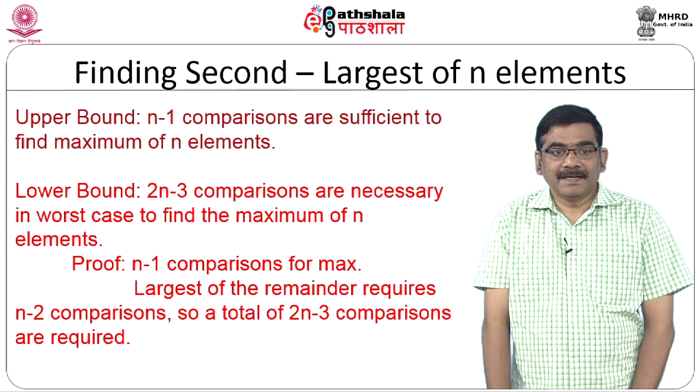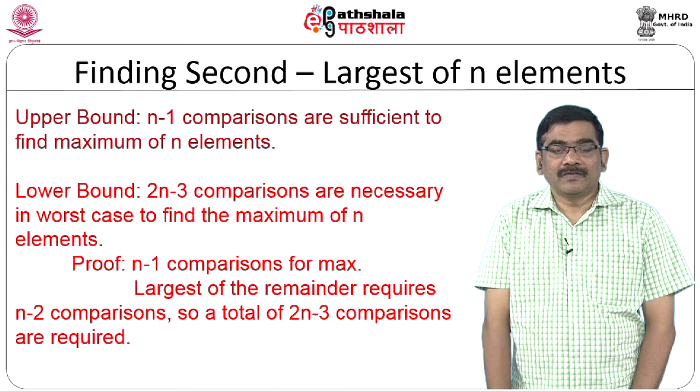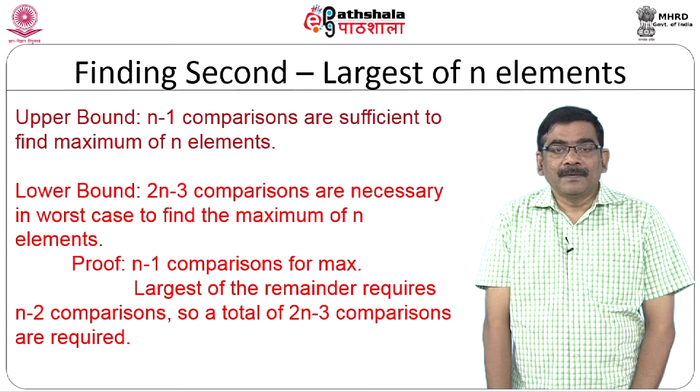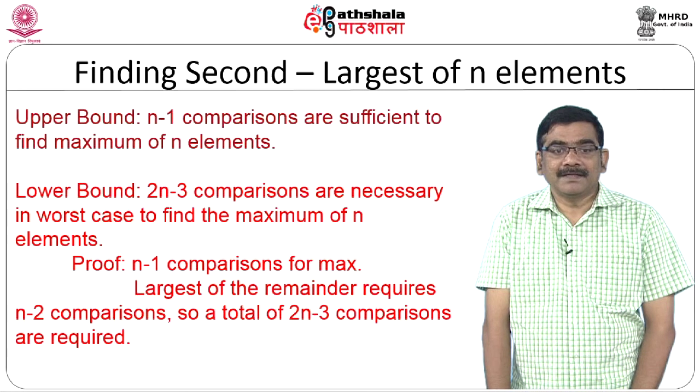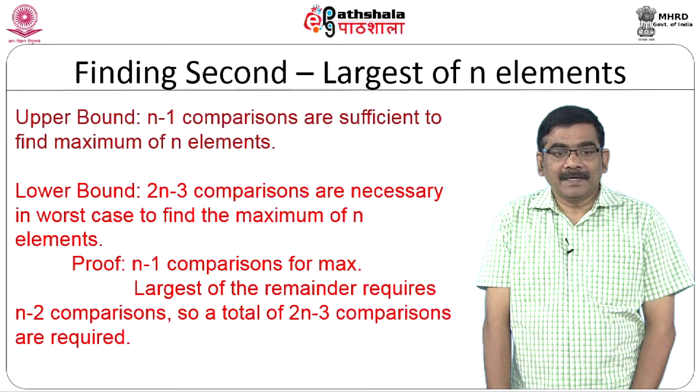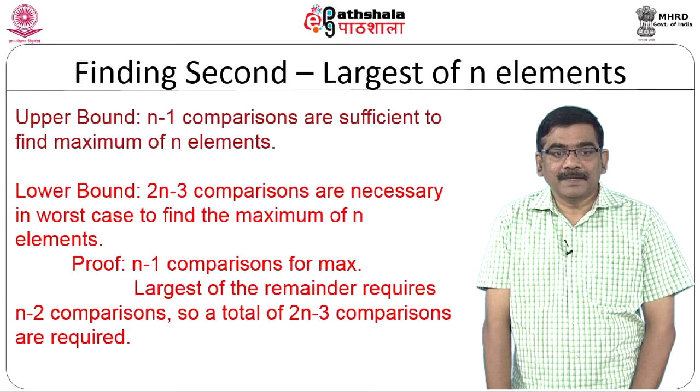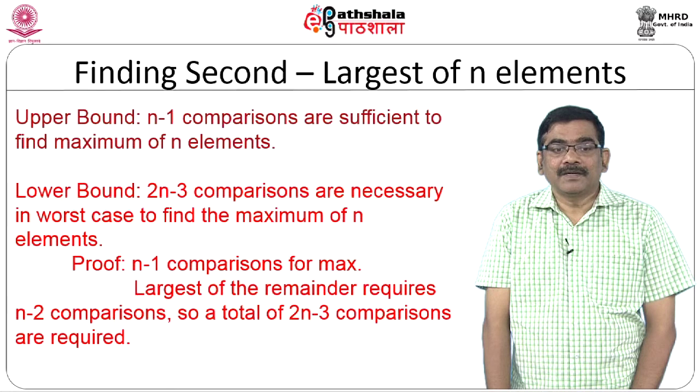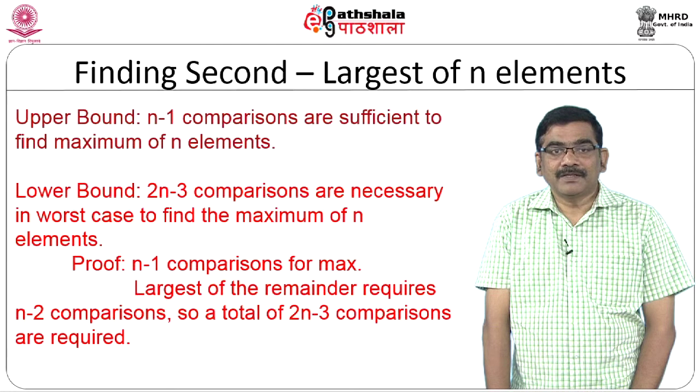Using the previous slide, for finding the largest element n minus 1 comparisons are required. For finding the second largest you have only n minus 1 elements left, therefore you require n minus 2 comparisons.